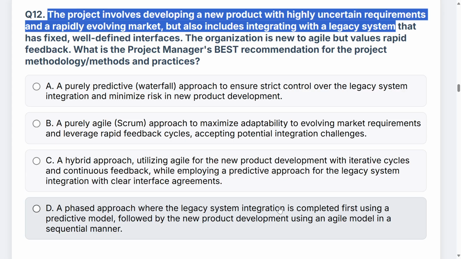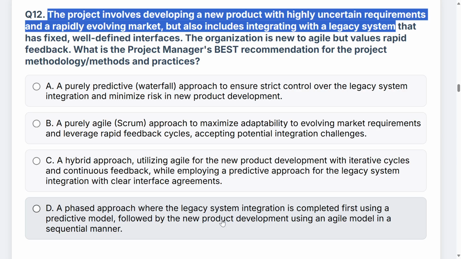You don't integrate first. You have to develop your new product first, and then you integrate. So the timing and the sequence of D is off. Not to mention the fact that in the world of Agile, we have iterations, not phases. So let's disqualify A and let's disqualify D.